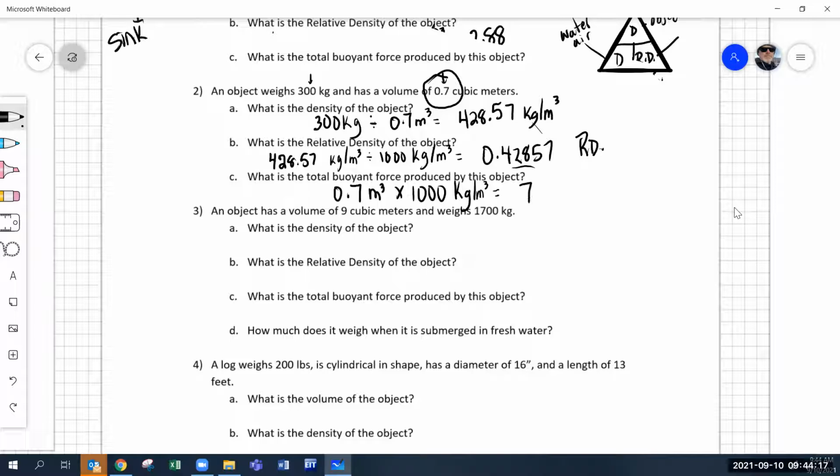This will have a buoyant force of 700 kilograms. So this object right here is 300 kilograms, but I have a buoyant force pushing up on it of 700 kilograms. So this thing is gonna float right on the top of the water, is it not?